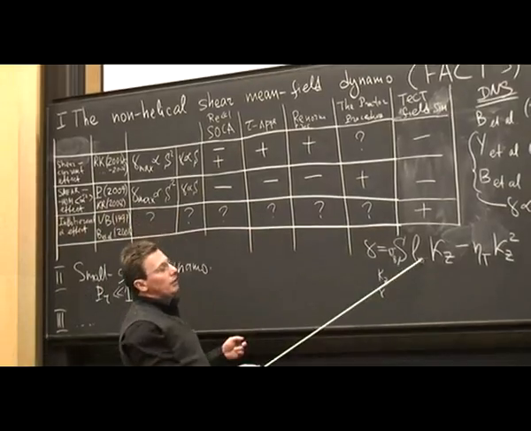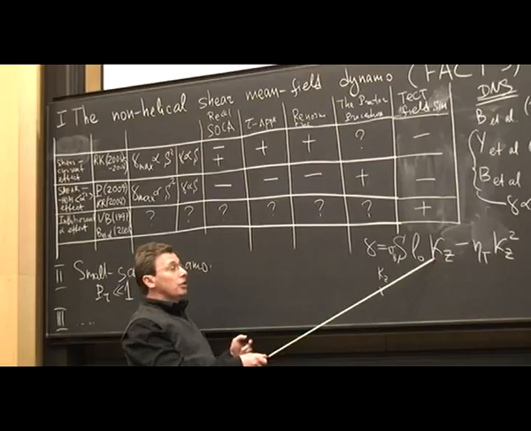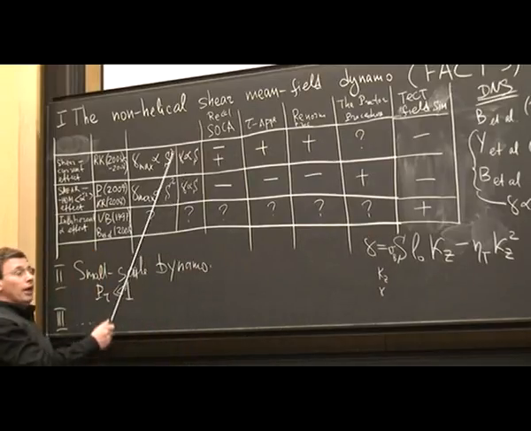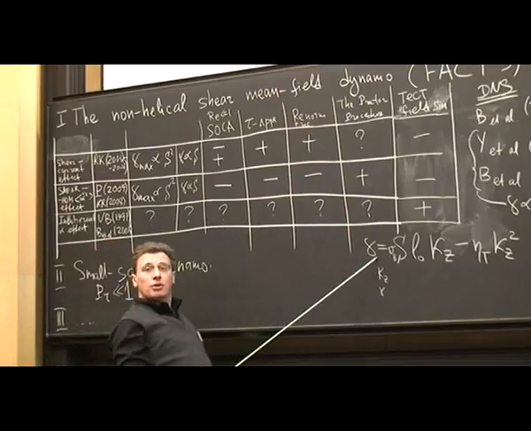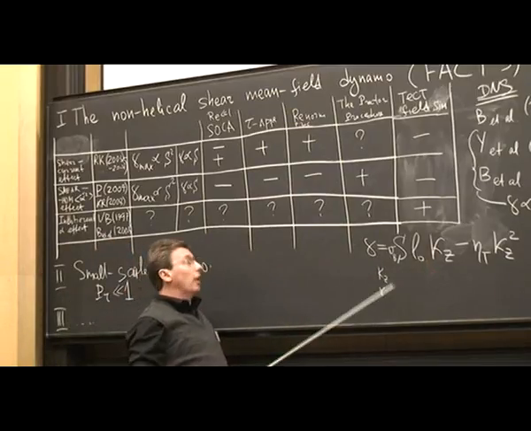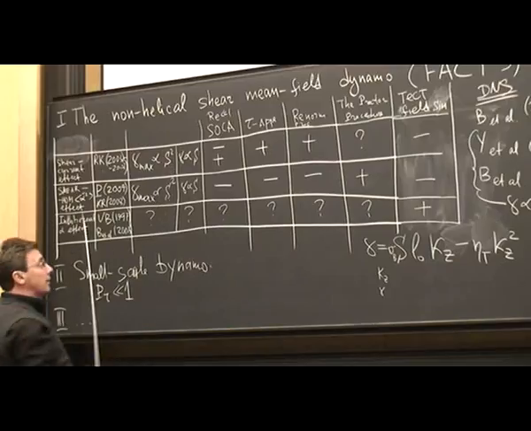If Kz is independent of shear, the growth rate is proportional to the shear. But for maximum growth rate, Kz is proportional to the shear, and we obtain S squared. So the maximum growth rate scales as S squared, and the growth rate scales as S.